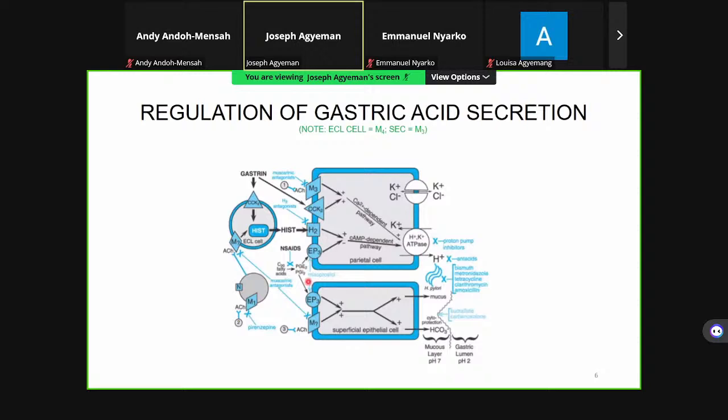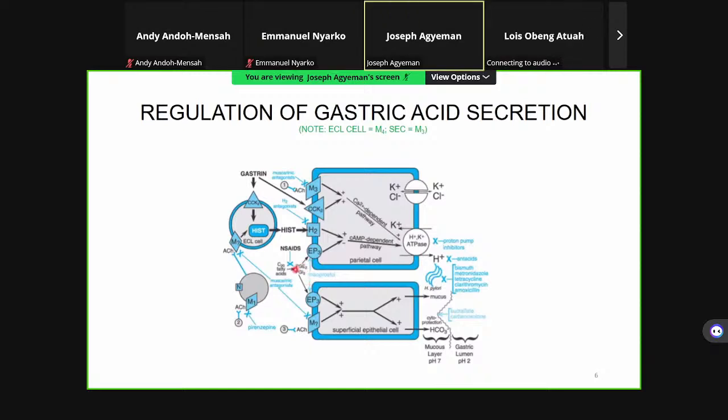One of the good things that, apart from immune defense, prostaglandins will do is to stimulate the EP3 receptor on the parietal cell. When this happens, it antagonizes the histaminergic pathway of acid secretion. So we say that prostaglandins are part of the protective factors against the development of ulcer.